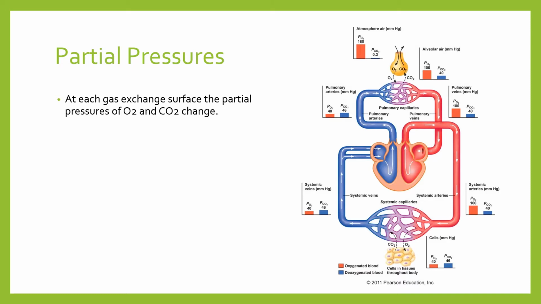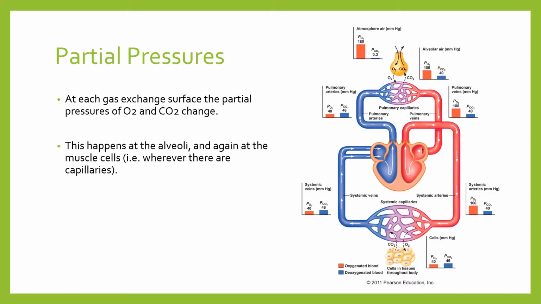At the alveoli it goes one way, and then at the muscle cells it goes in the opposite direction. Basically, it happens wherever there are capillaries, because that's the point of capillaries. The capillaries are there in order to allow gas exchange of carbon dioxide and oxygen at various body cells and body structures.